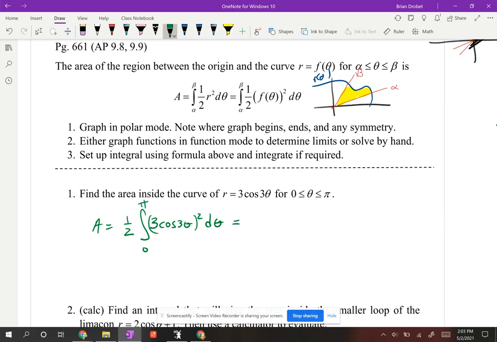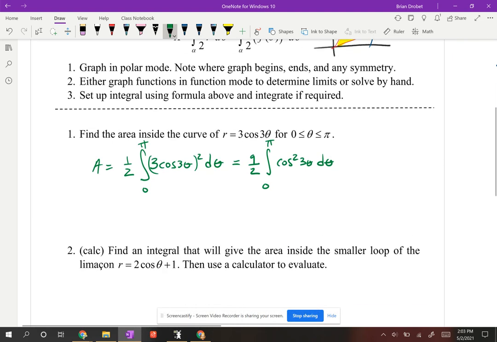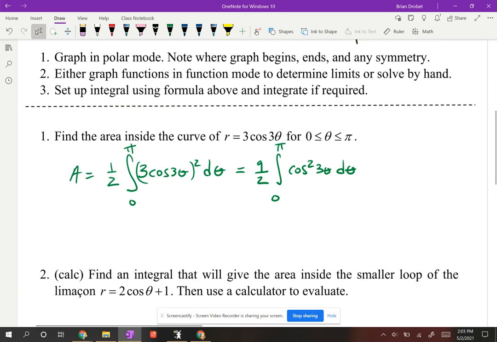In this case, that would be 9 over 2 integral from 0 to pi of cosine squared 3 theta d theta. So I'm just going to go ahead and do this one on the calculator.